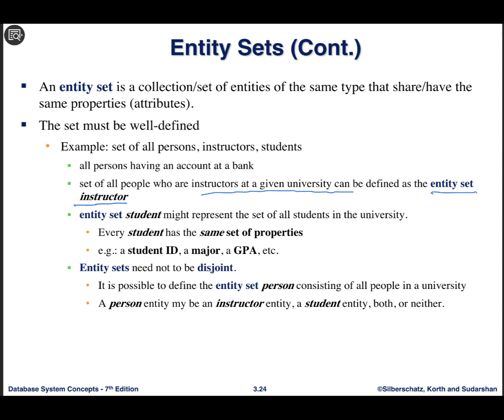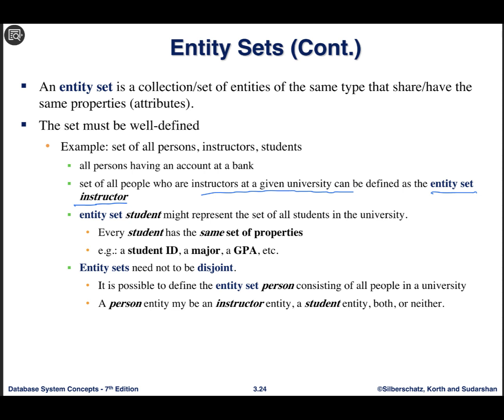Flight, all the flights that we have, there will be an entity set called flight. Employee, you can create an entity set employee that contains the set of employees in whatever company you have. Student, we have an entity set called student, which might represent the set of all the students in the university. So as you can see, we start with the entity. Then we define entity and entity type, by the way, the same meaning.